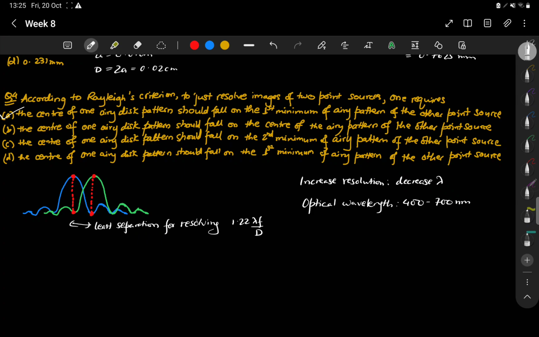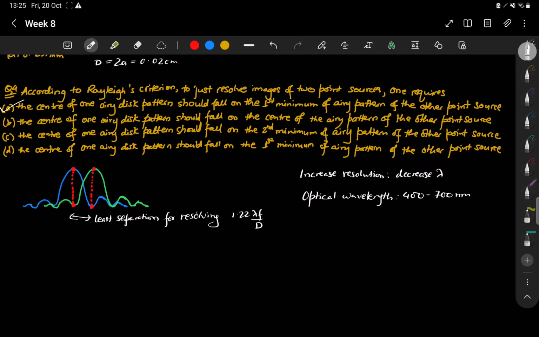This would offer you a certain resolution, but if you want to increase your resolution, you need to decrease the wavelength, and this can be provided if we use electrons as the probe. That's how people came up with the concept of the electron microscope.